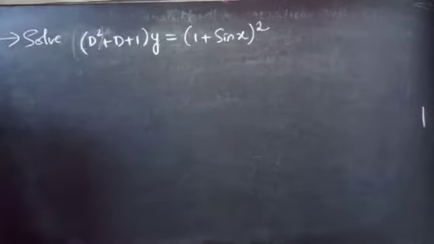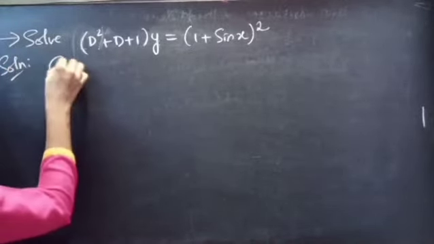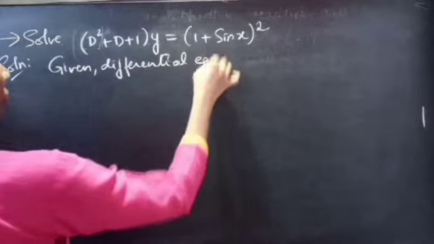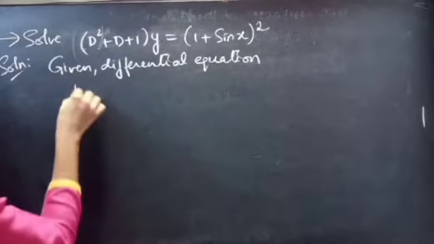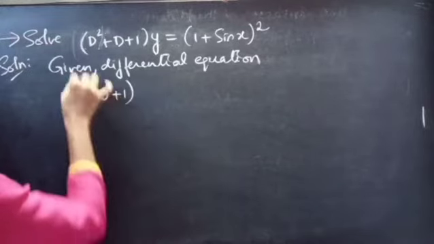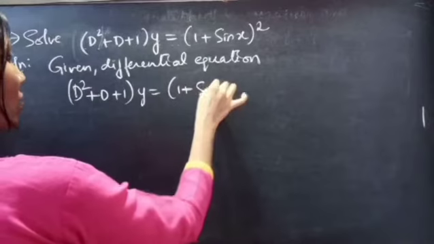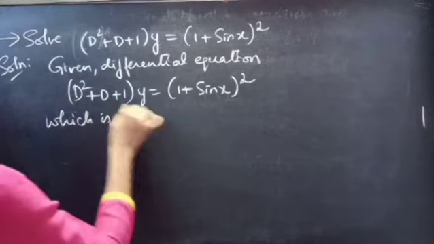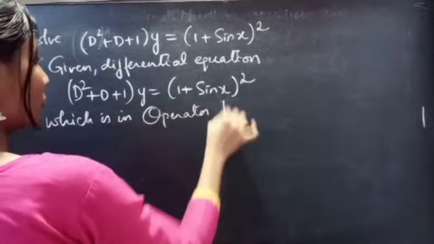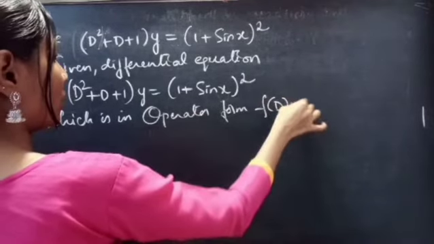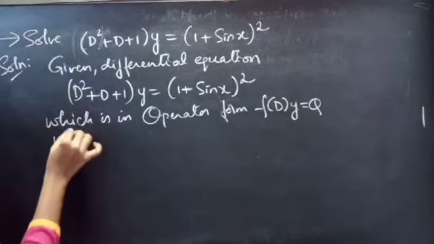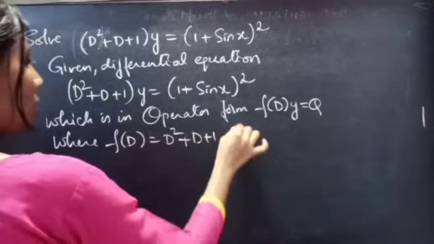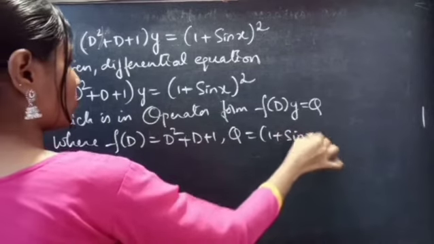Coming to the problem, we are given a differential equation which is in operator form: (D² + D + 1)y = (1 + sin x)². This is of the form f(D)y = Q, where f(D) = D² + D + 1 and Q = (1 + sin x)².